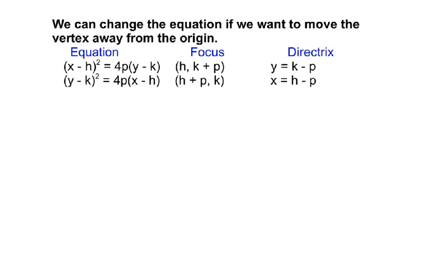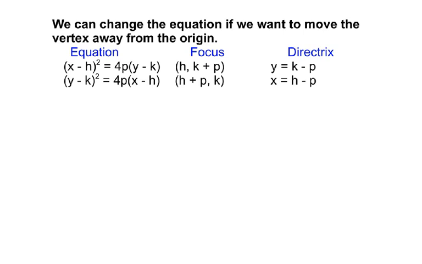We can change the equation if we want to move the vertex away from the origin. The h and k in these equations are where our vertex is. So if you have the equation (x minus h) squared, that means this is an x squared function, so it opens up or down, equals 4p times (y minus k).